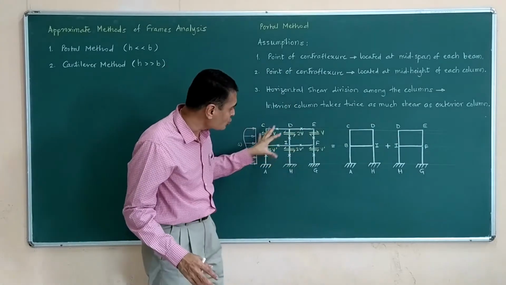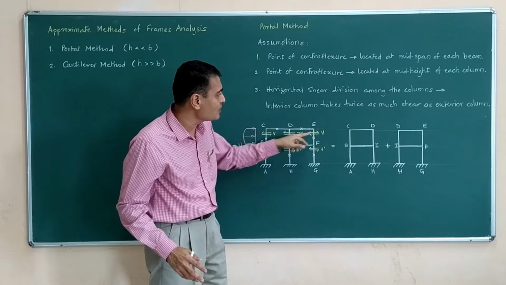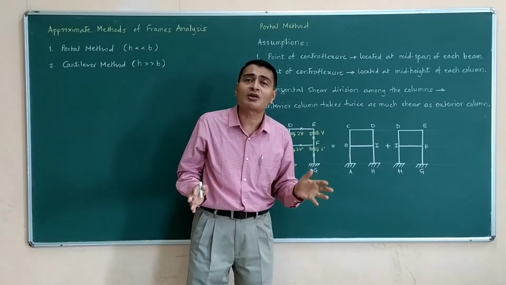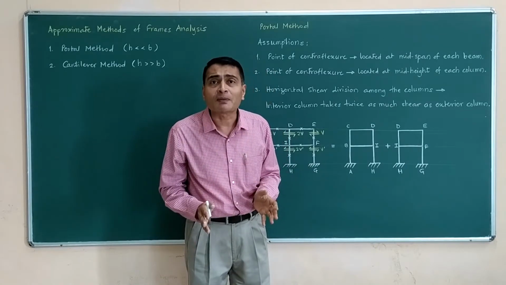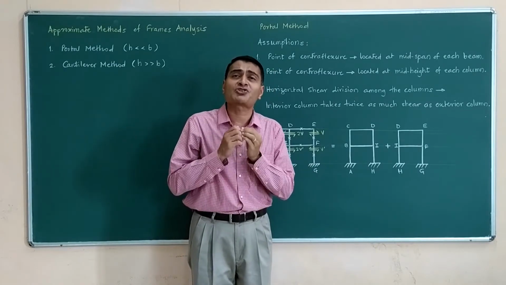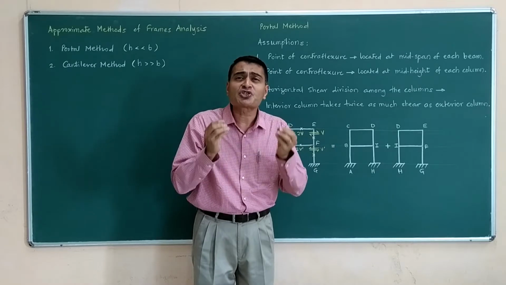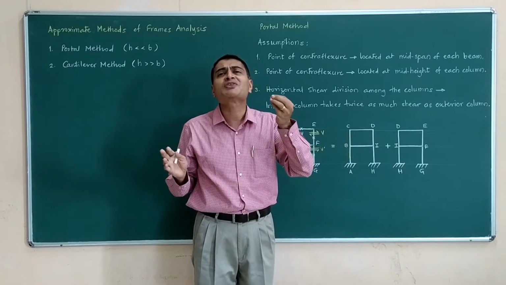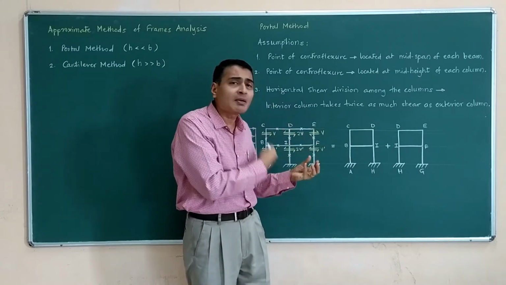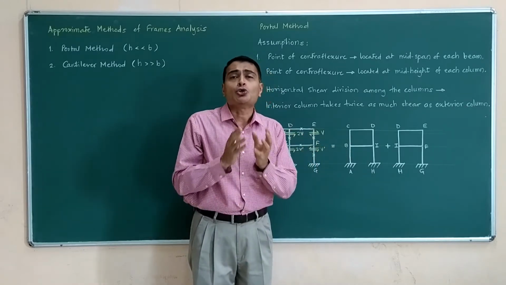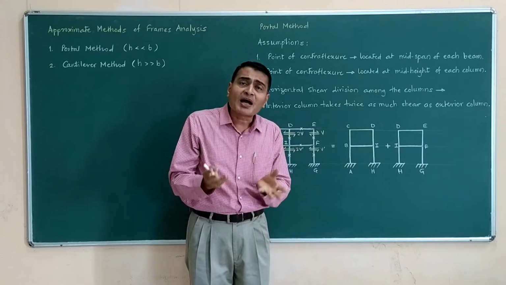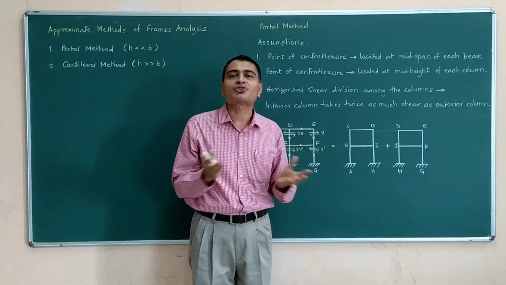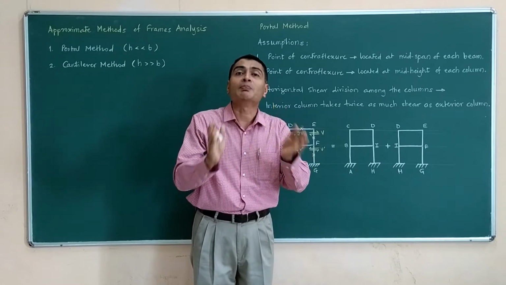Now when we use these assumptions, V, 2V, V, and all these midpoints being the points of contraflexure, analyzing this frame becomes extremely simple. It just becomes work of applying equilibrium equations. Simple static principle: you develop n number of FBDs, you apply sigma M, sigma Fx, sigma Fy, and you get all your shear forces and moments. It is so simple.